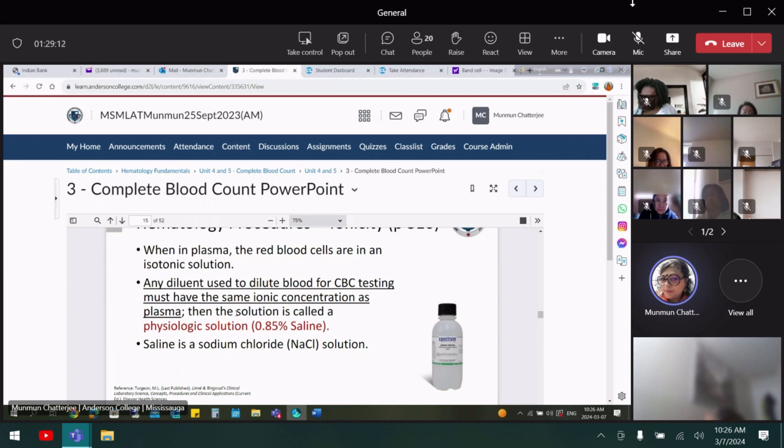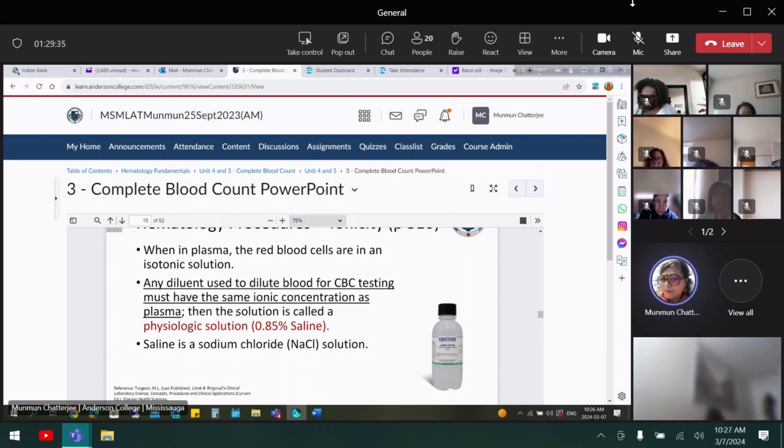Cells are always adjusting the pressure and pH; homeostasis is going on. So when in plasma, red cells are in an isotonic solution, meaning the composition of the electrolytes is the same, and the pressure is the same.